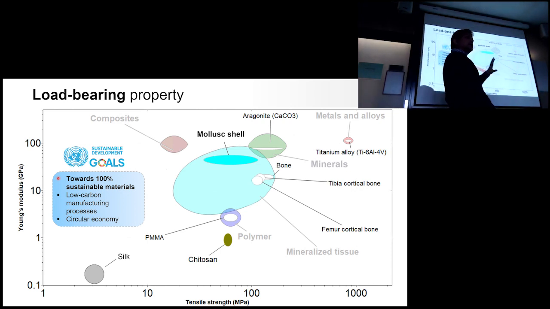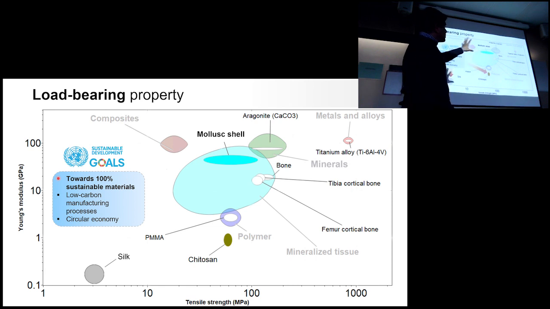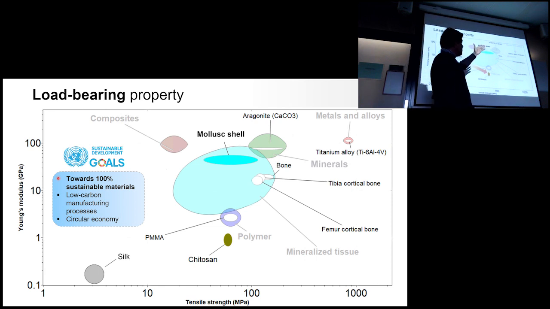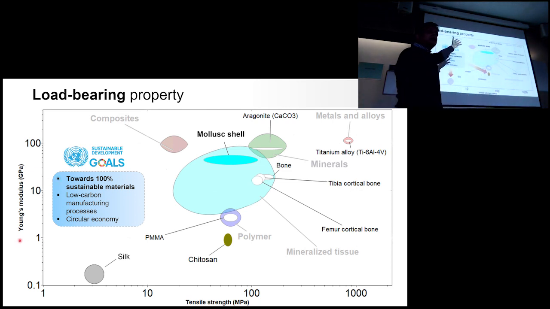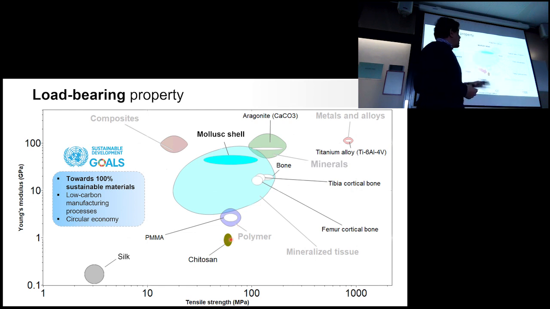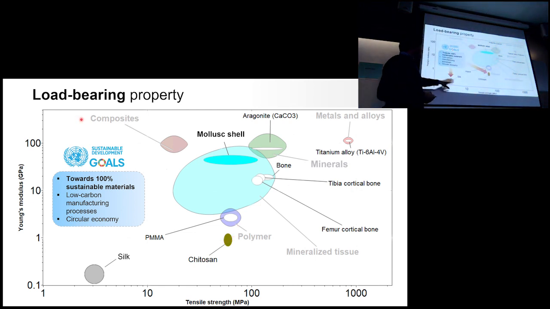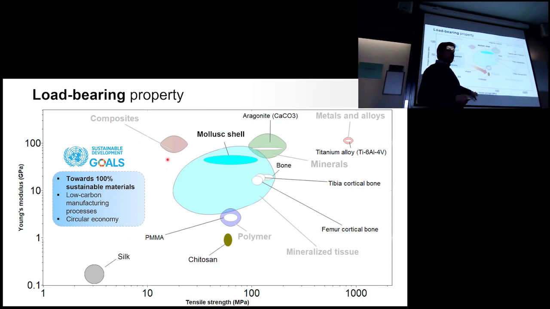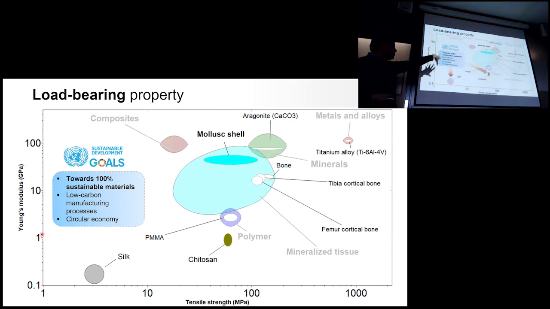Okay, but there is a problem. You see, what I have done here is I have plotted the mechanical properties of some of the conventional materials like metals, polymers, composites, and ceramics are up there. So these are some of the conventional materials which are used in engineering applications. Okay, and I have plotted them across two important parameters: the Young's modulus, which is also called the stiffness of the material, and the tensile strength.